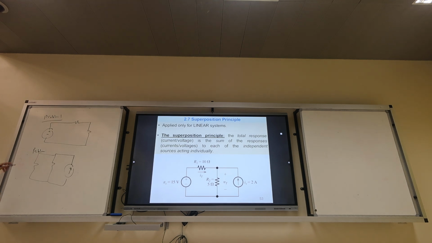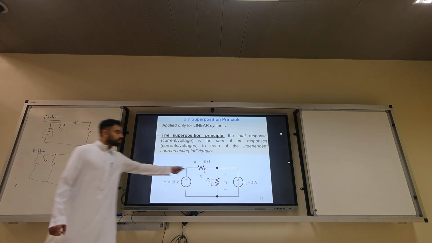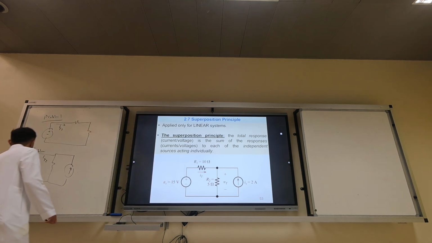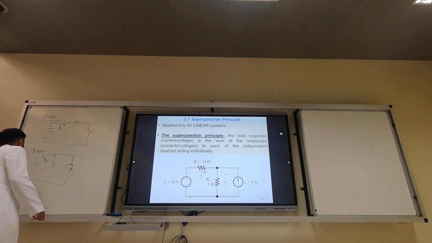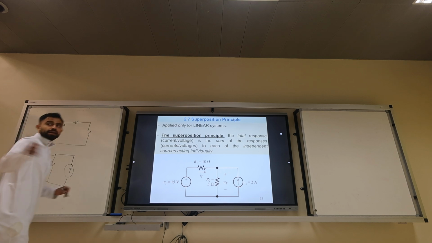Now the quantity that you're calculating is IT, so you can call it IT1, IT2. If you calculate this current and this current, IT in the original circuit is IT1 plus IT2. Get it?